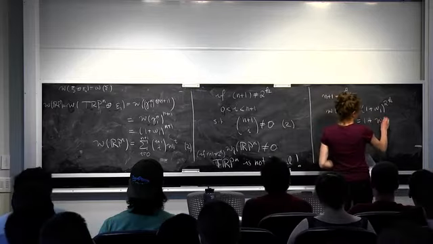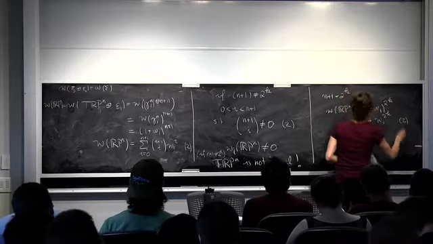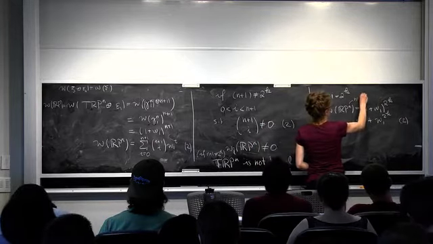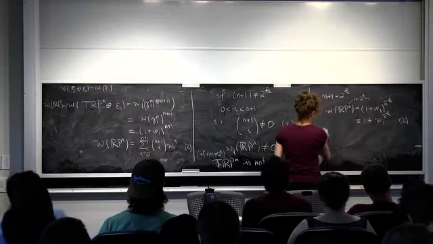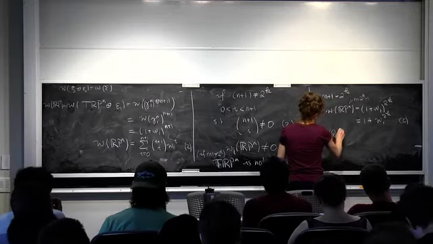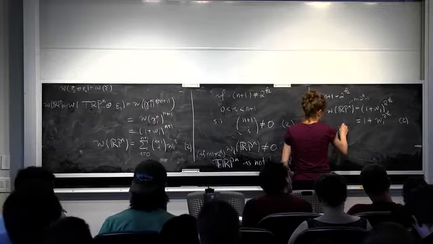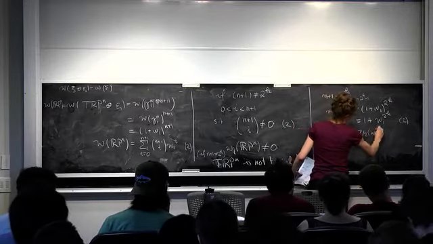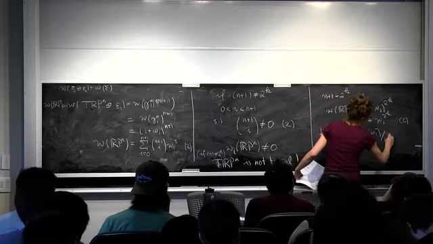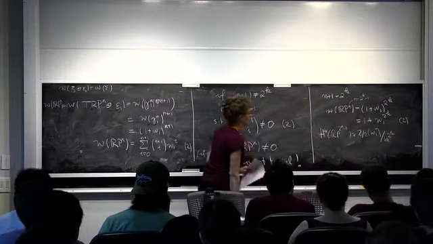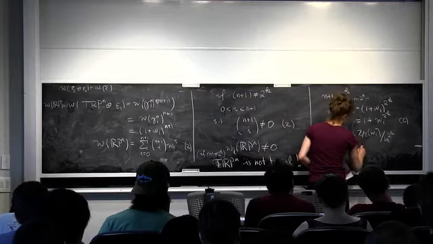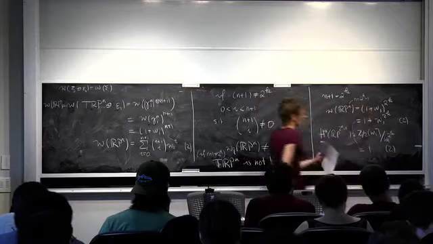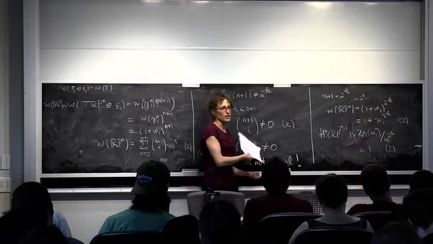But now, what's n here? n is 2 to the k minus 1. So H star of RP 2 to the k minus 1 is Z mod 2, W1 modulo W1 to the 2 to the k. So this is just 1, mod 2. Do you guys follow that computation?